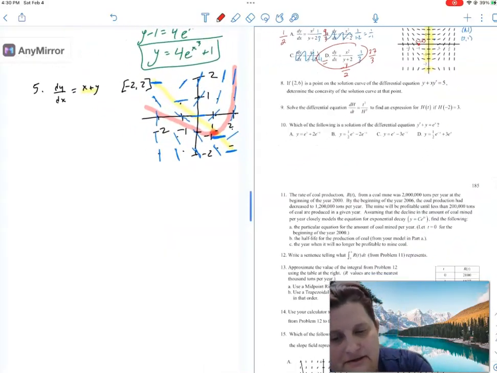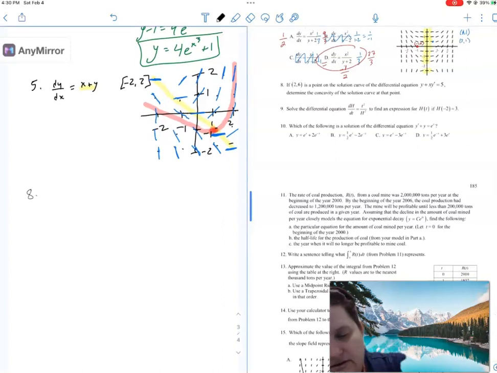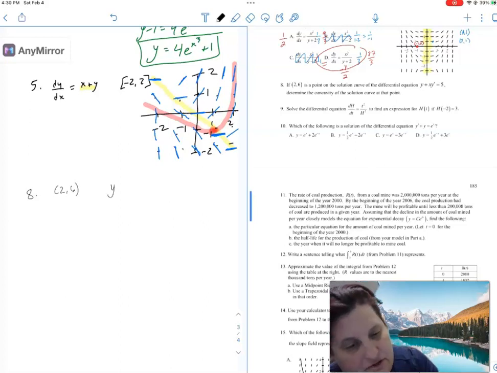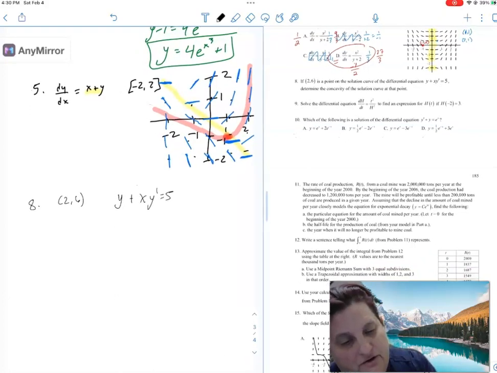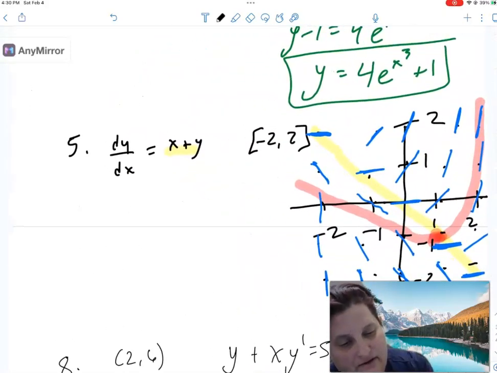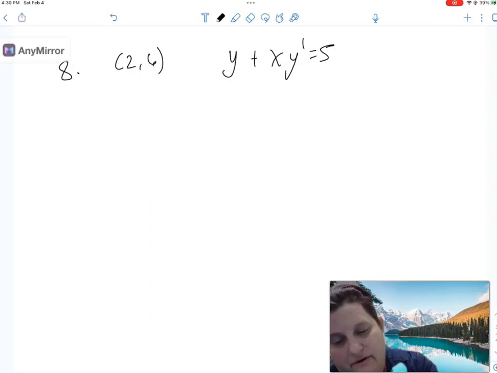All right, let's take a look at number 8. Okay, it says if the point 2, 6 is a point on the solution curve of the differential y plus x y prime equals 5, determine the concavity of the solution curve. Concavity, right?